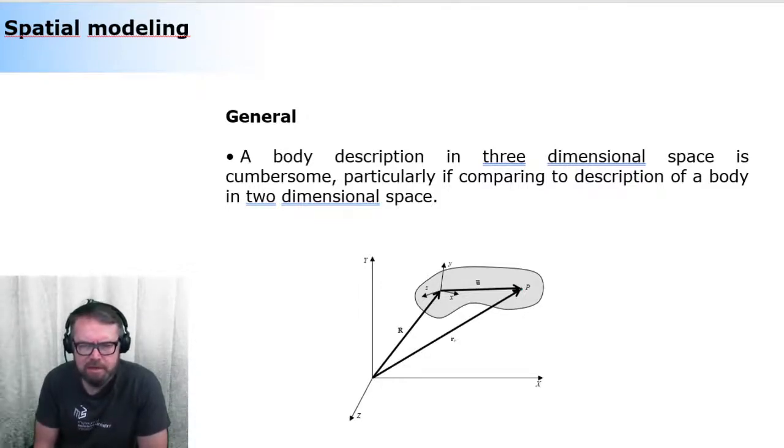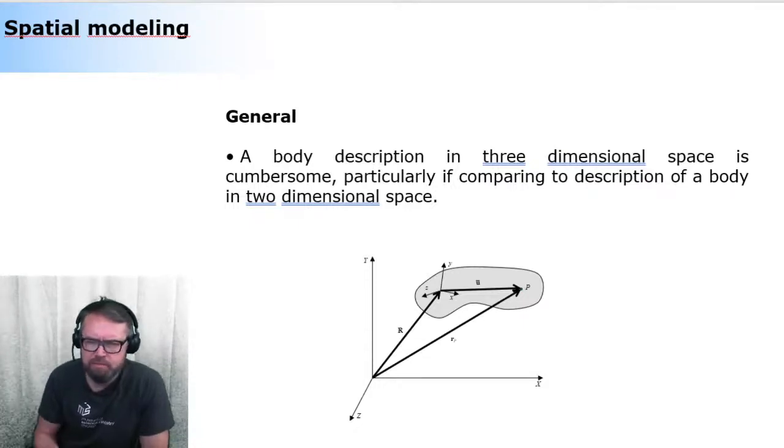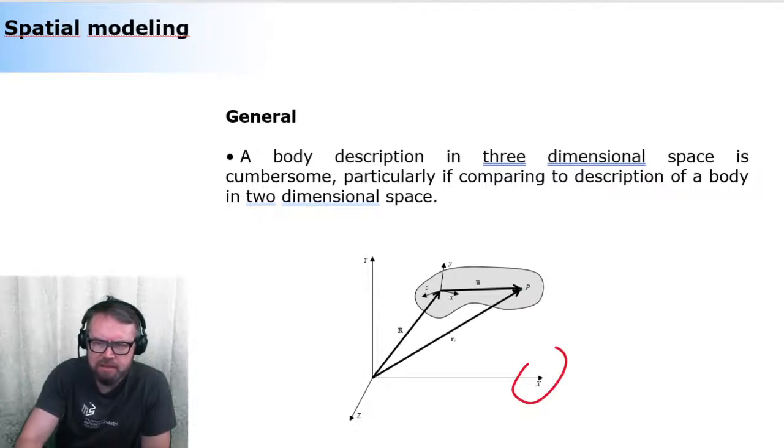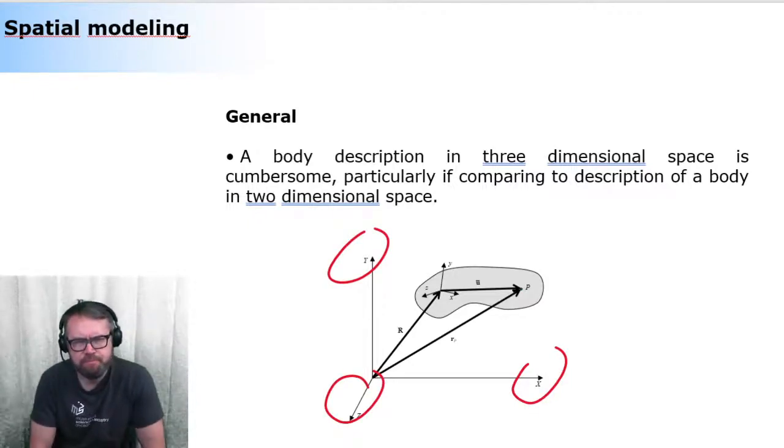Well, only kind of. And why only kind of? Because, as can be seen here, I'm just adding one more axis to my coordinate system. I'm used to dealing with the x and y axis, and now I'm adding one more axis, this z axis here.